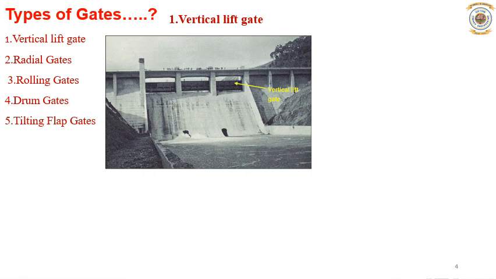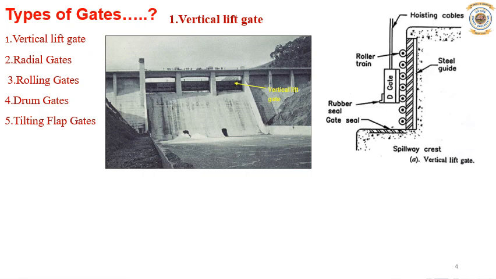First, the vertical lift gate. This is the sketch where you can see a vertical lift gate. Vertical lift is nothing but a sliding gate which is used for smaller installations, and the gate is lifted by means of hoisting cables. So you can see there is a hoisting cable.